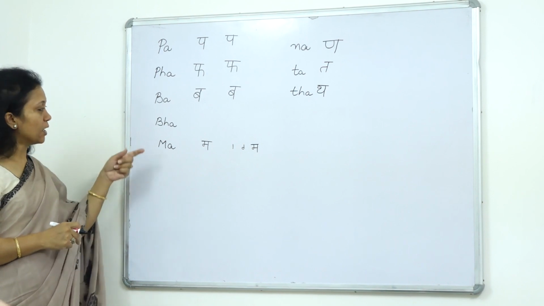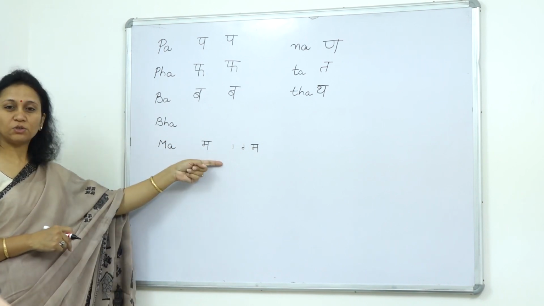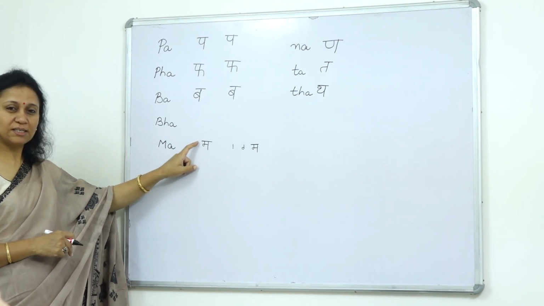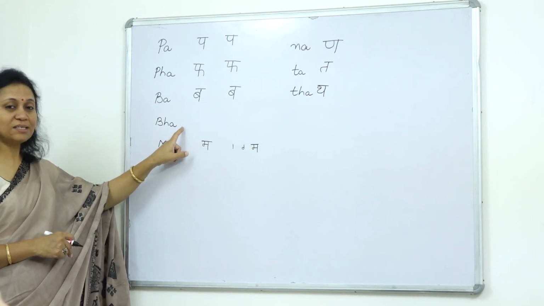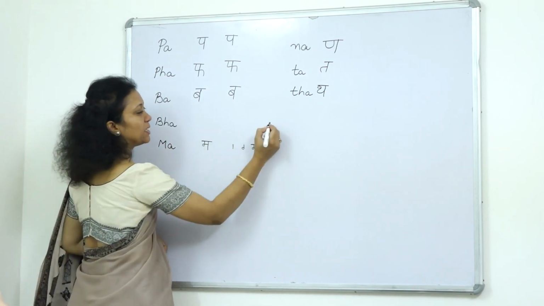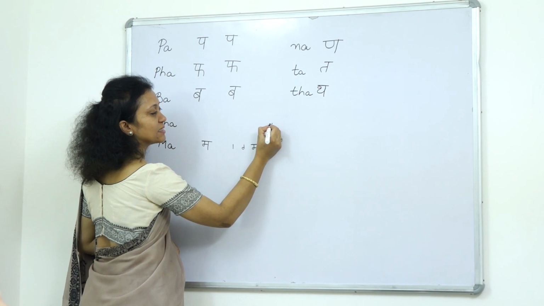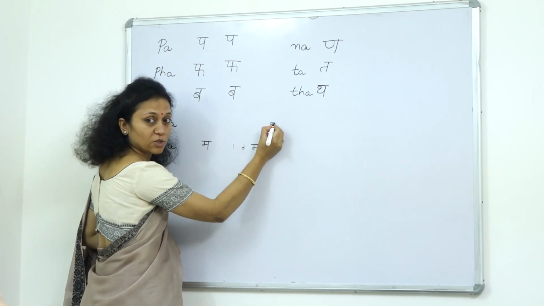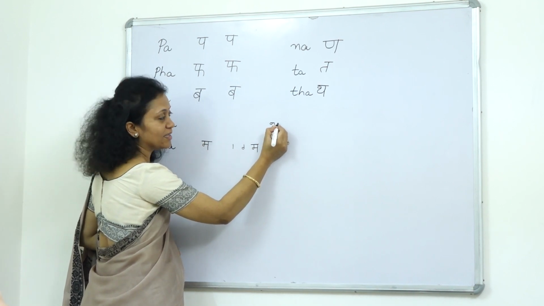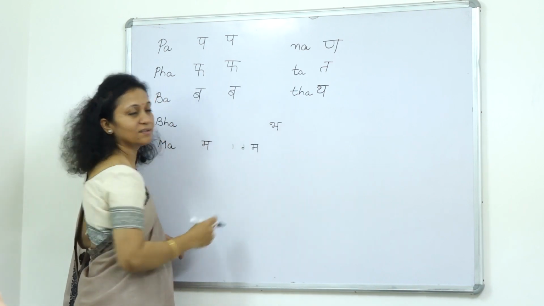Right? Now the Bh looks very similar to the M. Just that the M has no circle at the top, but Bh starts with a little circle. Let's see what I'm saying. So when I'm writing Bh, I'll make a little circle, another horizontal, make the vertical, another horizontal, and then with a gap.